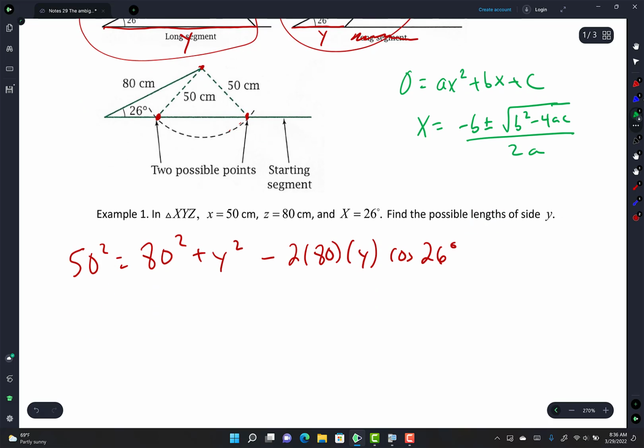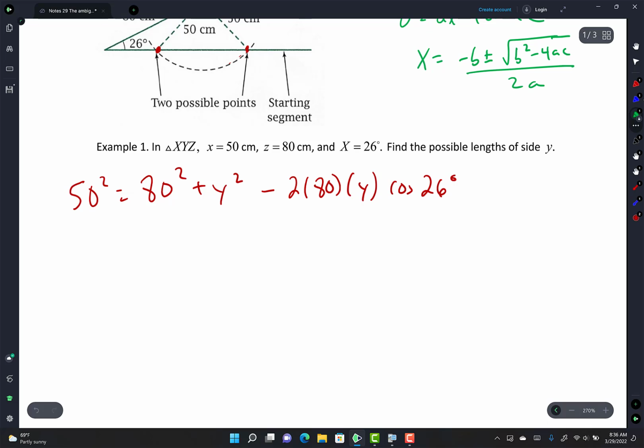It doesn't have to be an x. It could be a y. So this is just a side note. You're going to do 0 equals ay squared plus by plus c, where y is going to equal negative b plus or minus square root of b squared minus 4ac all over 2a. That's what I'm going to do.